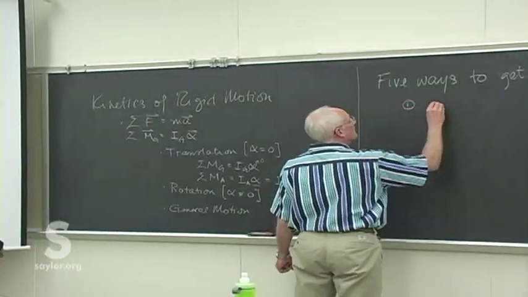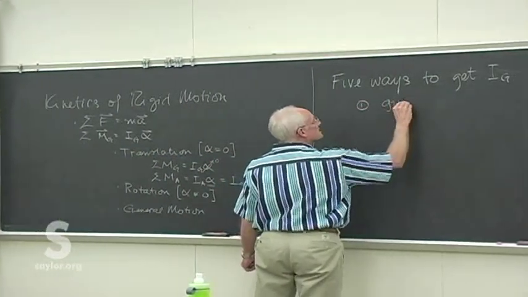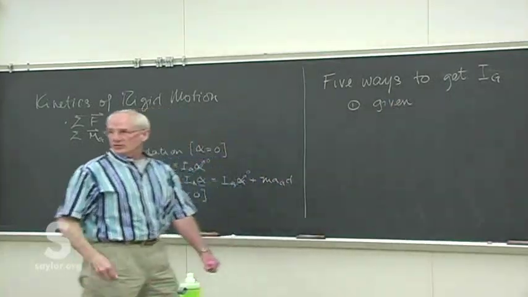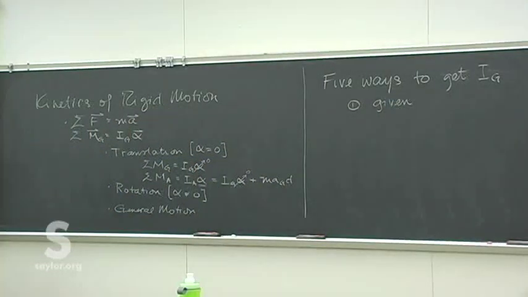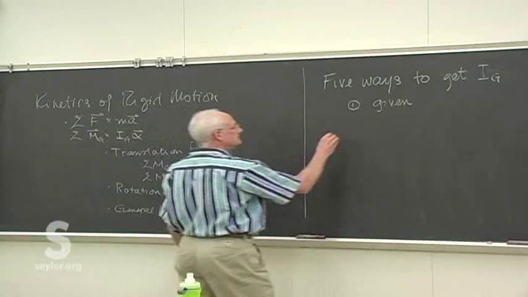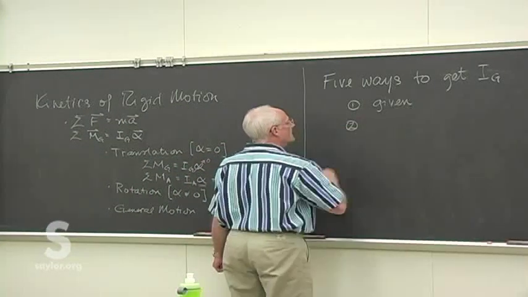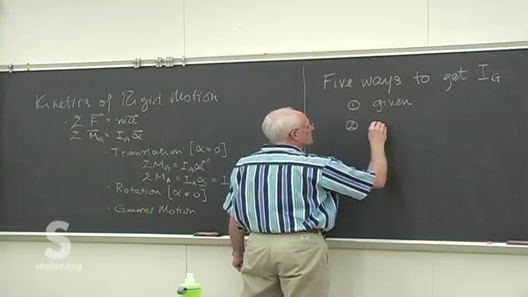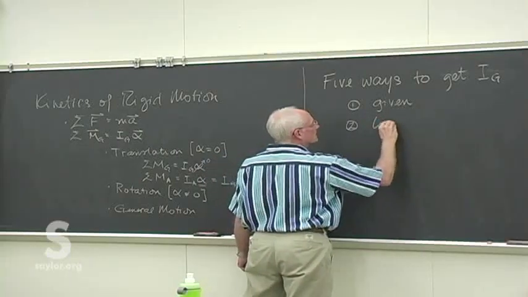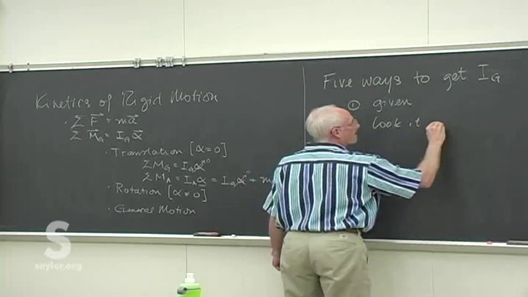They are, 1, it might just simply be given. You'll notice in some of the problems when you need moment of inertia, it just simply says so right on there what the moment of inertia is. Pay attention to the moment of inertia about which point or axis. 2, you might need to look it up.